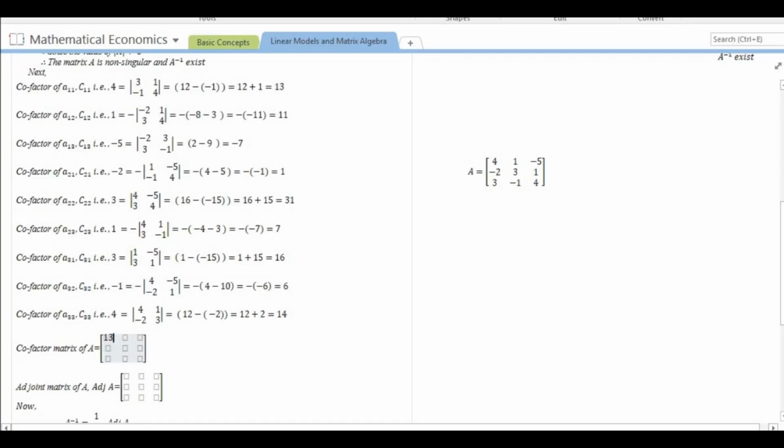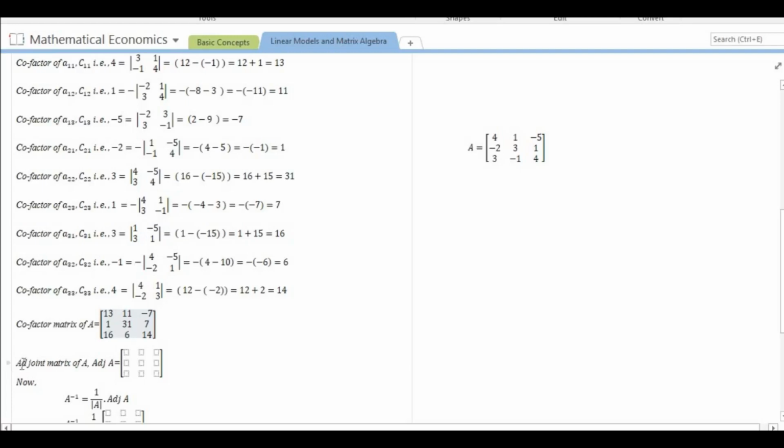Next, cofactor of A12 is 11. Cofactor of A13 is minus 7. Cofactor of A21 is 1. Cofactor of A22 is 31. Cofactor of A23 is 7. Cofactor of A31 16. Cofactor of A32 6. Cofactor of A33 14. So this is a cofactor matrix.